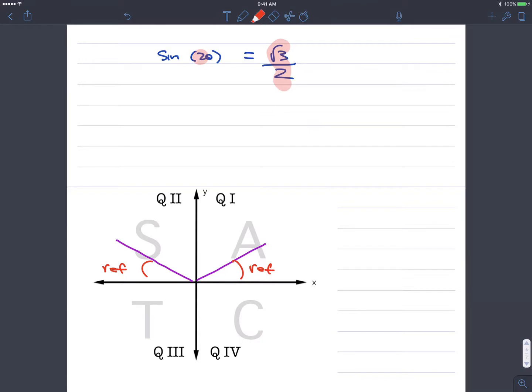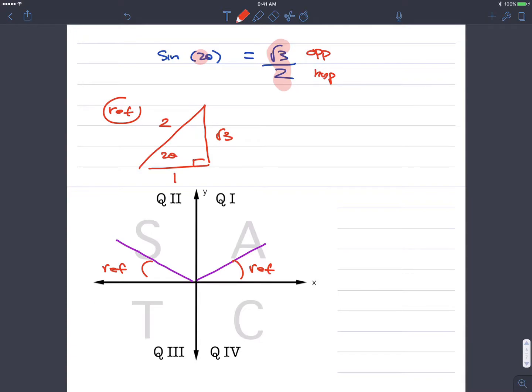All right, let's consider this reference here. Let's find that reference angle. Triangle. Yes, that's a double angle. Definition of sine, what is this? Isn't that opposite over hypotenuse? What's my adjacent side?